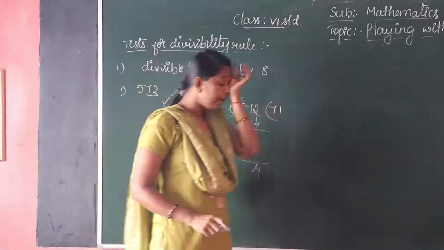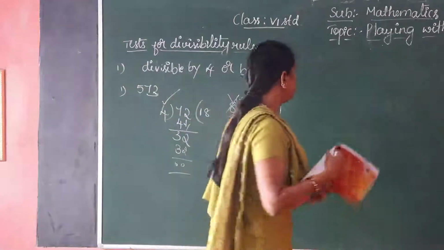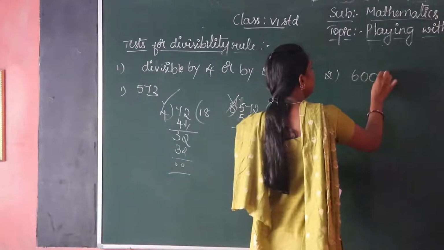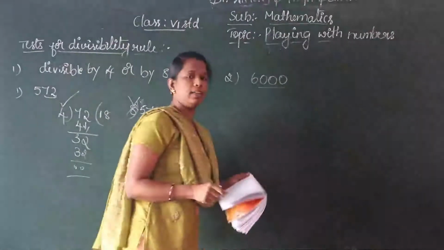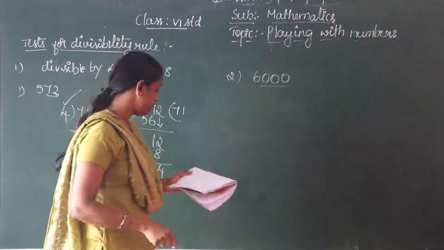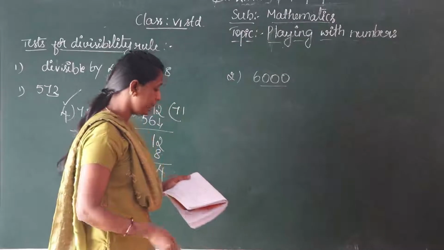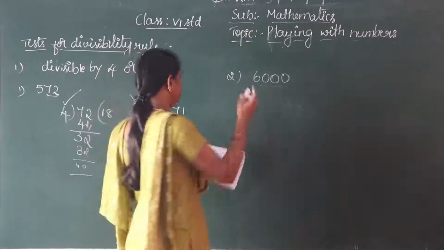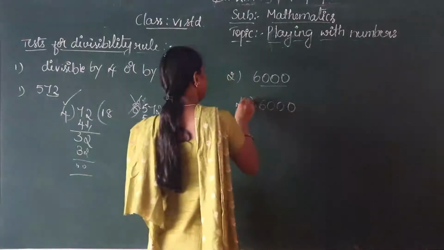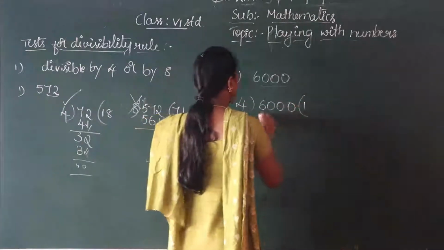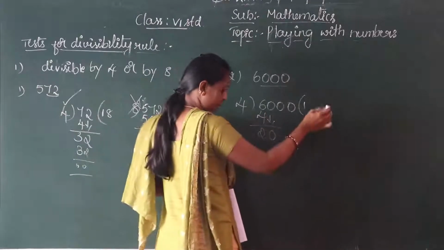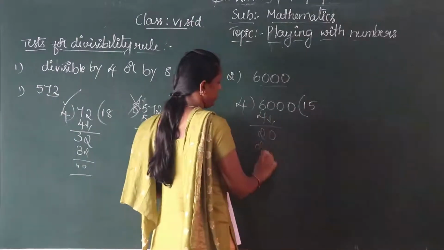Clear, children? And then 6,000. I already explained that if there are 0s in the unit, tens and hundreds places, it is easily divisible by 8. But here we have to calculate whether it is divisible by 4 or not. 4 ones are 4. Remainder 2. Take 0 down. 4 fives are 20.